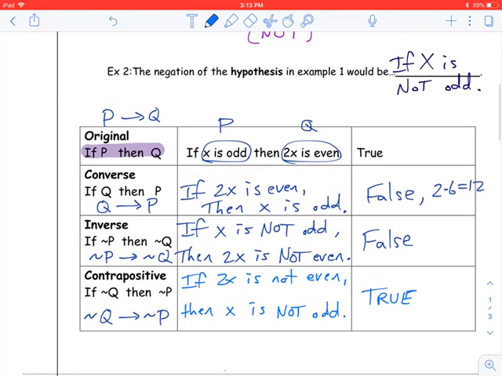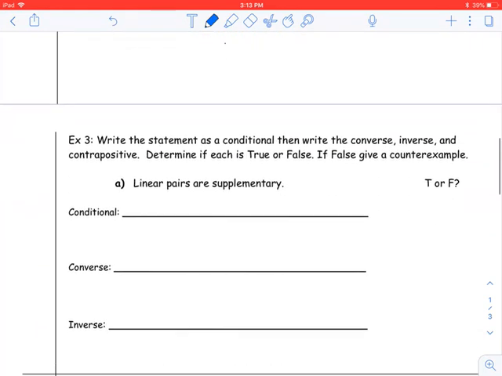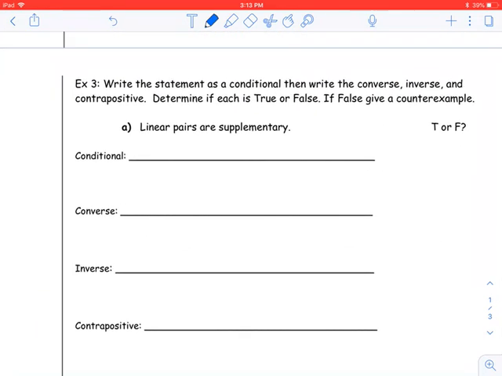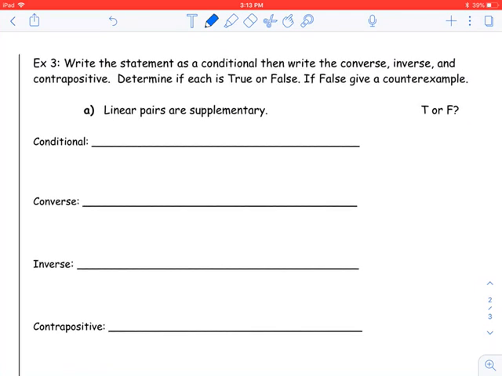All right? So let's go to the back side here and continue looking at our conditional and such statements. So in this case, it says, write the statement as a conditional, then write the converse, inverse, contrapositive. Okay, these are terms we're going to have to really get used to. So you'll want to say those: conditional, converse, inverse, and contrapositive.